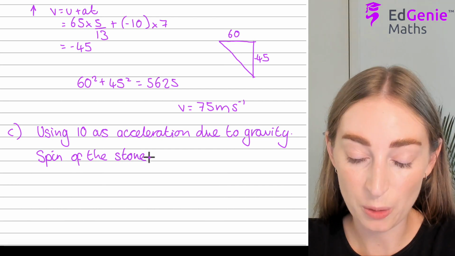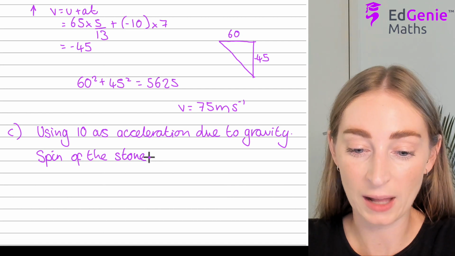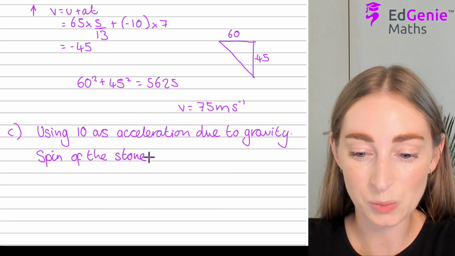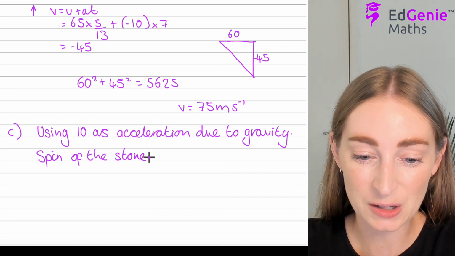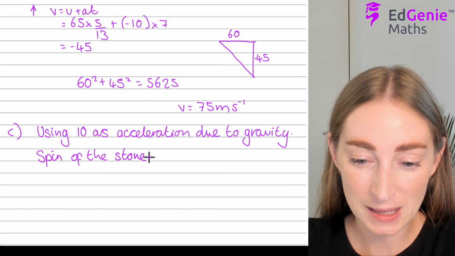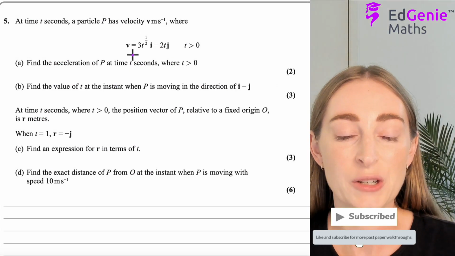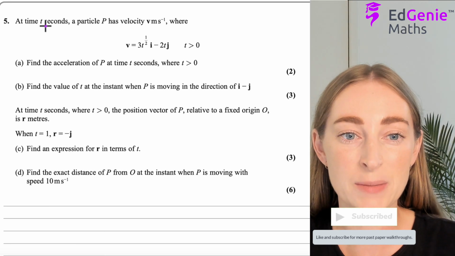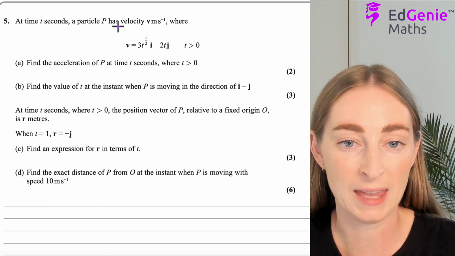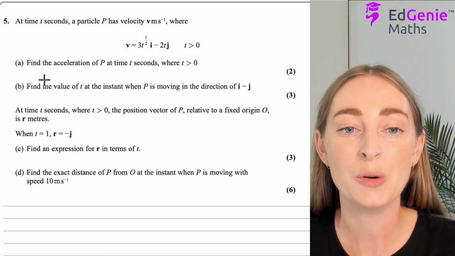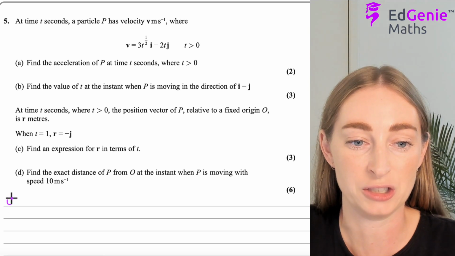So the examiner report said that this question was done really well. However, sign errors were common, resulting in half of the marks being scored for part A. So question 5 says, at time t seconds, a particle P has this velocity. We want to find the acceleration.